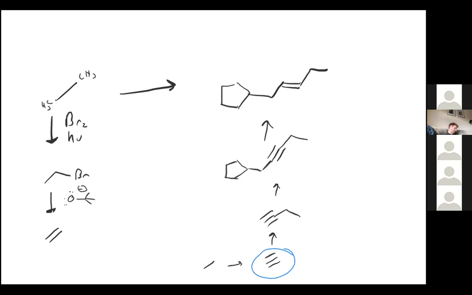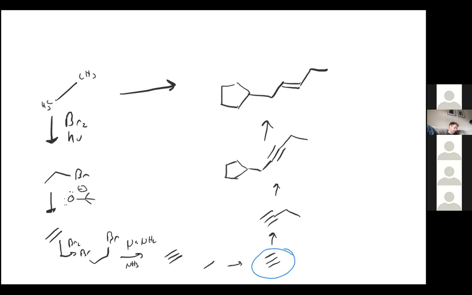So Br2 to dibrominate, NaNH2 gets us to a triple bond.